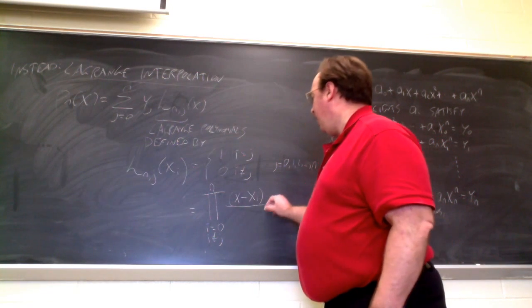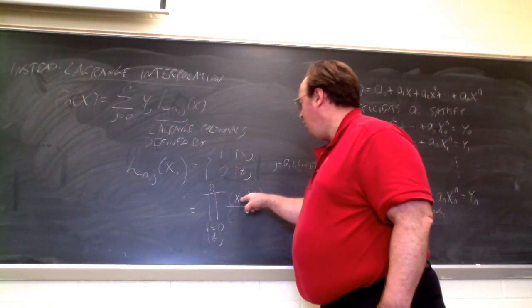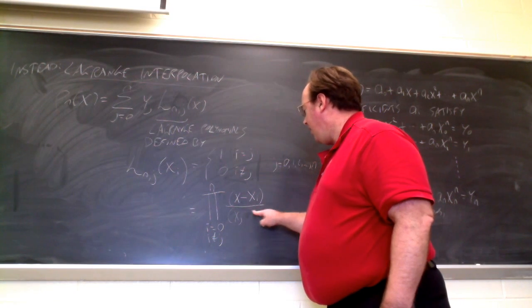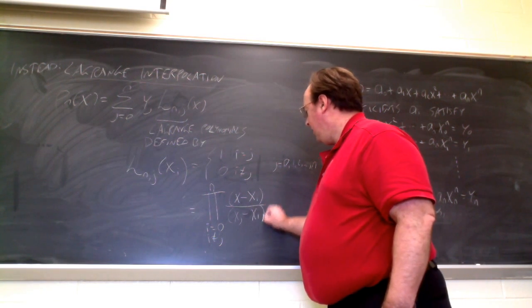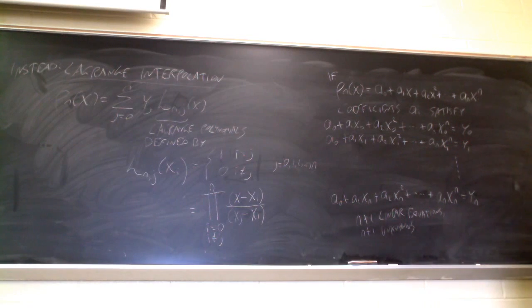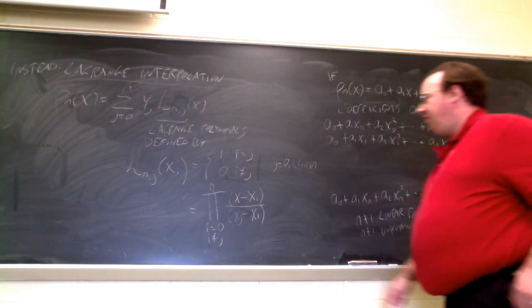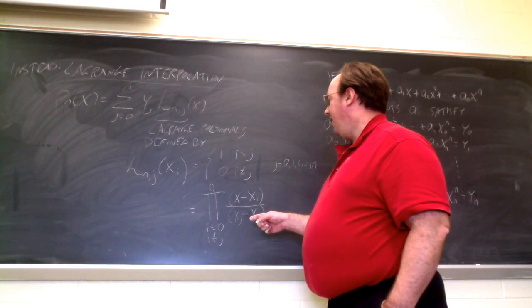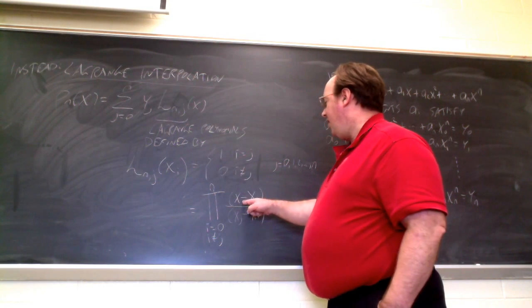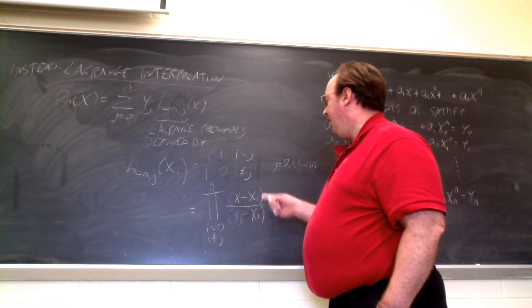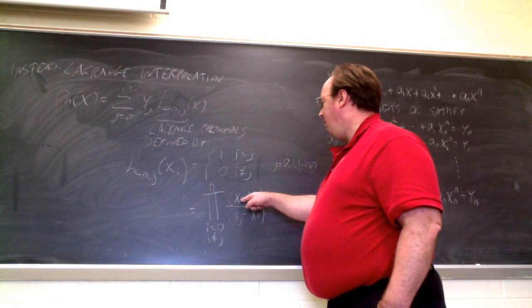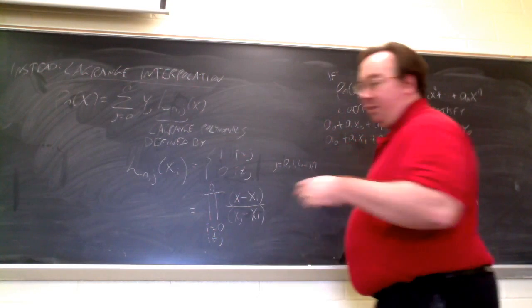So I can just go ahead and do that. I'll divide by what I would get if x equals xj. And that gets the job done. So you can now confirm this condition. If I plug in x equal to xj, all of these will cancel out and give me 1. If I plug in any other x, one of these linear factors will vanish and make the whole thing 0.